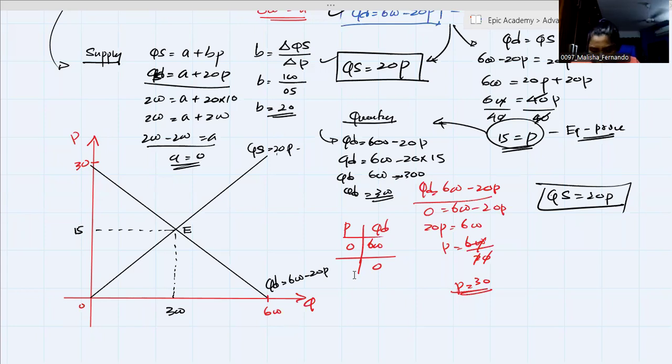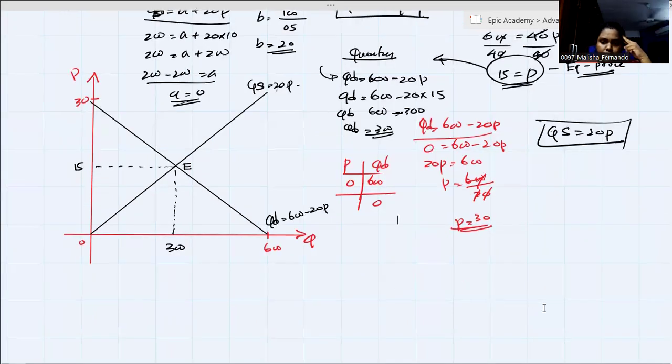Now we are going to discuss other things related to the equilibrium position. Now you identify that the equilibrium position is where the decision of the supplier and the decision of the consumers are mutually agreed.